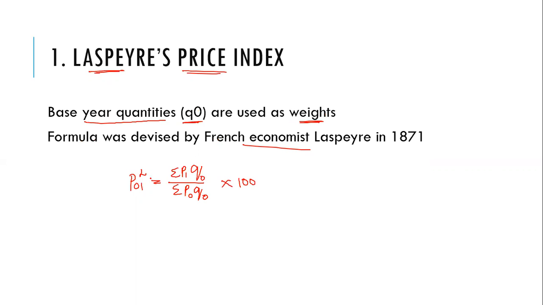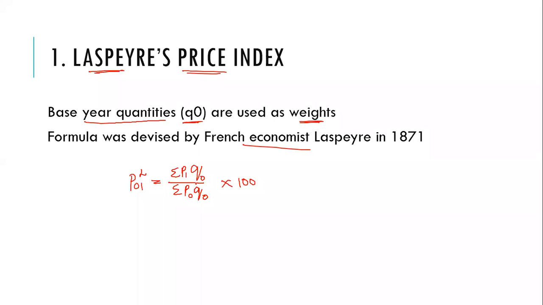This is the formula for Laspeyres price index, a very simple formula. Current year divided by base year, summation P1 divided by summation P0, is the same. Only we have to assign a particular weight. Under Laspeyres he considered Q0, the base year quantity, as weight.